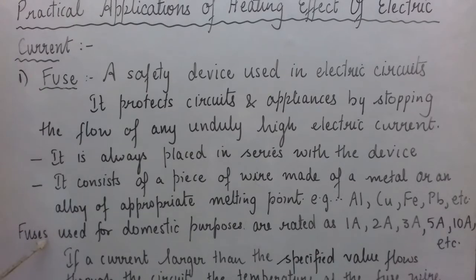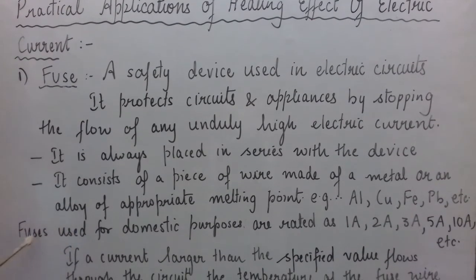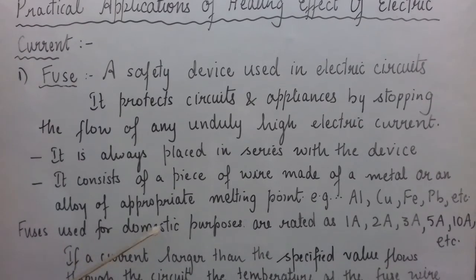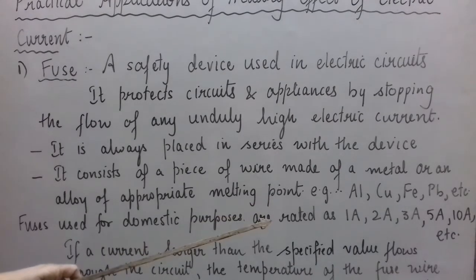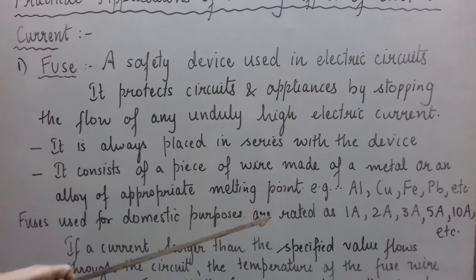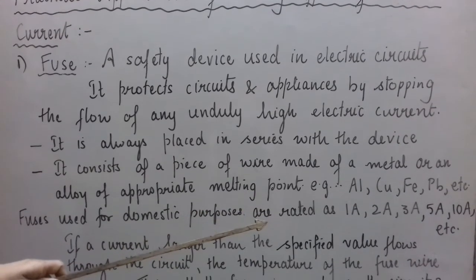There is a rating given on every fuse. Fuses used for domestic purposes are rated as 1 ampere, 2 ampere, 3 ampere, 5 ampere, 10 ampere, etc. So first it is 1, 2, 3, then you see the multiples of 5.